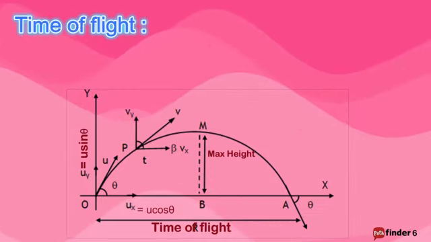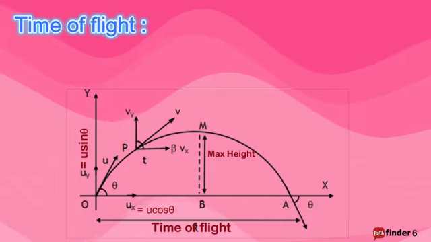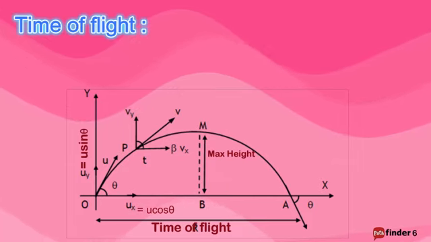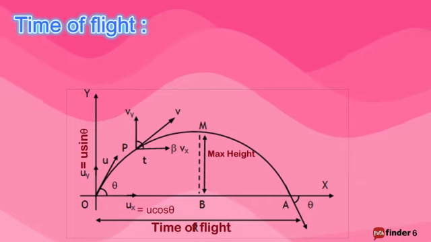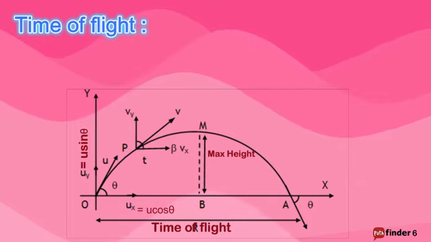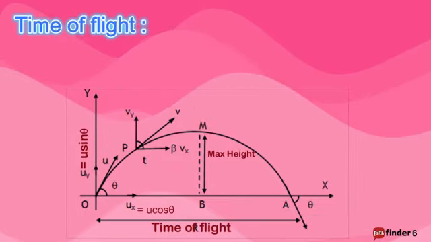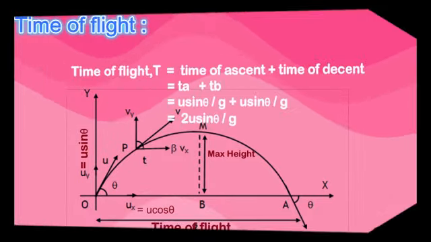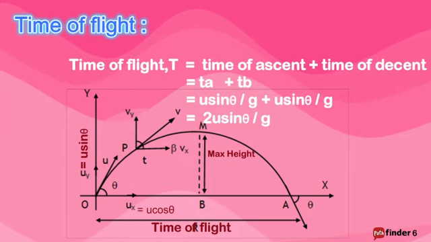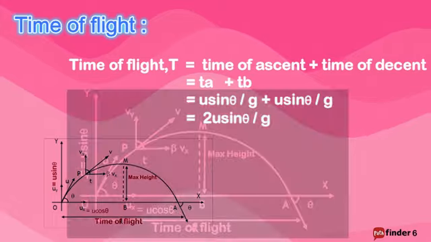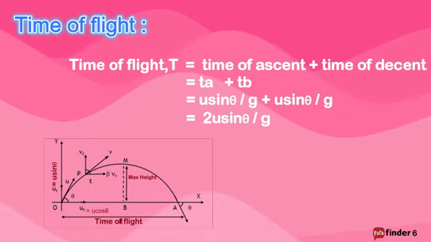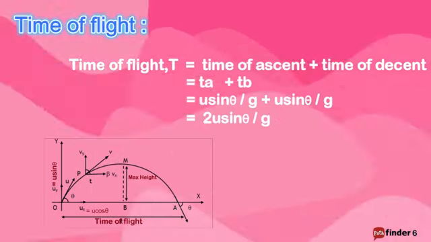Time of flight. See the figure. The time taken from point O, point of projection, to the body reaching the ground, that is point A, from figure, is called time of flight. That means the sum of time of ascent and time of descent is called time of flight. Time of flight is equal to Ta plus Td. We already derived that Ta and Td are equal to u sine theta by g.